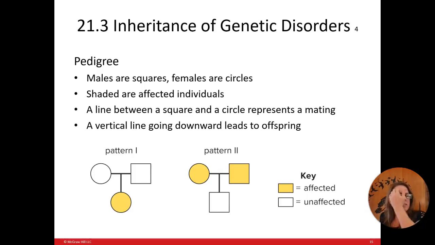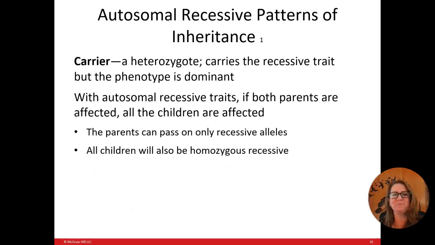What this tells us is that the two parents either are homozygous dominant or heterozygous. It only took one dominant allele to be affected, but they can have an unaffected child because they themselves can carry the recessive allele, but they have the disorder. So it's going to take a little thinking maybe about how that goes.